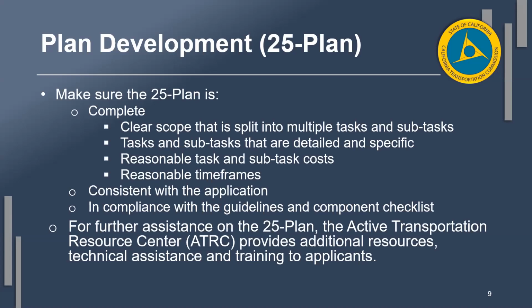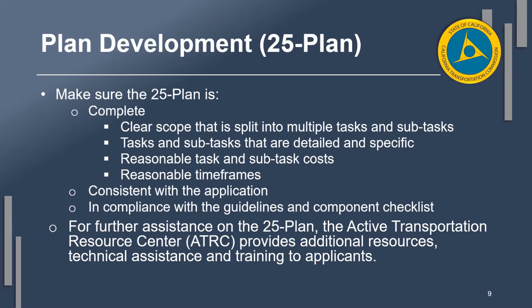The forms have been updated to the 25 plan and will be called as such for the upcoming cycle. And so the 25 plan is an Excel document that must be completed for all plan applications. So it's important to make sure that you're using the correct version of it as identified in the application and the scoring rubric. And it's broken out into 4 total sheets within the Excel document.